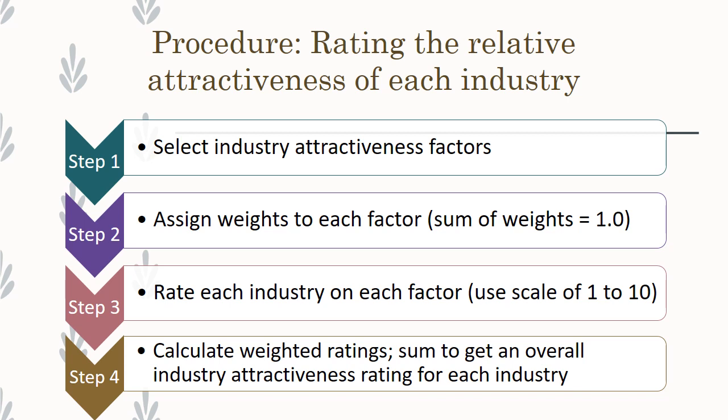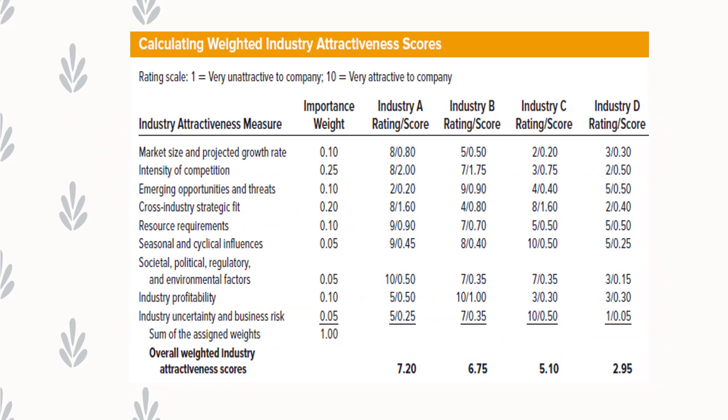Calculate the weighted rating sum to get an overall industry attractiveness rating for each industry. This figure shows calculating weighted industry attractiveness scores. Rating scale: 1 equals very unattractive to the company and 10 equals very attractive to the company.